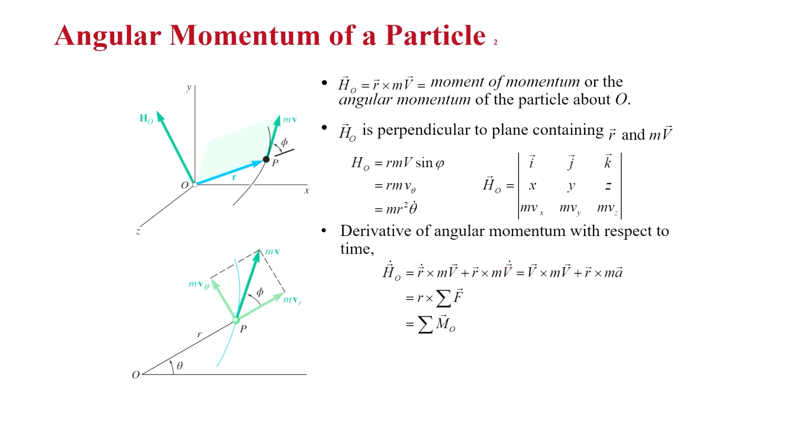We're trying to differentiate the angular momentum with respect to time, and the derivative of velocity will give us an acceleration term. All that is equal to a velocity vector cross the mass times the velocity, plus r cross the mass of the particle times the acceleration. We have velocity here, they're exactly the same, which came from this right here.